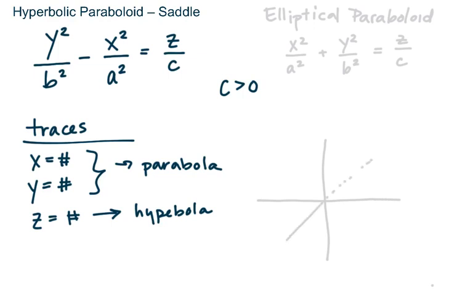It's kind of hard to draw. I'm probably going to destroy this picture, but we have a parabola in the YZ plane in this situation. So parabola in YZ. We also have a parabola in XZ, in perspective here, like that. And then we have a hyperbola in XY. So we end up with this hyperbolic shape. I'm going to kind of draw it up a little bit.